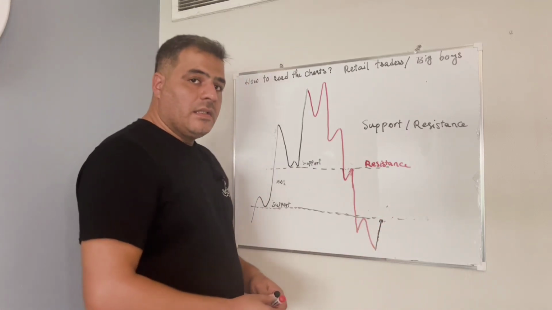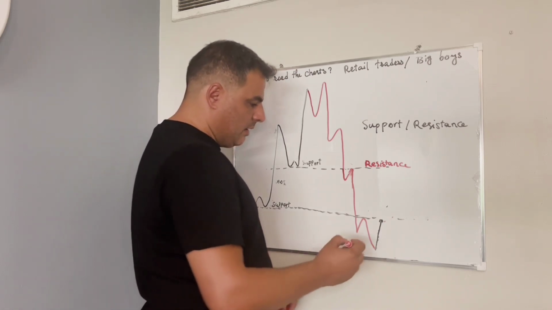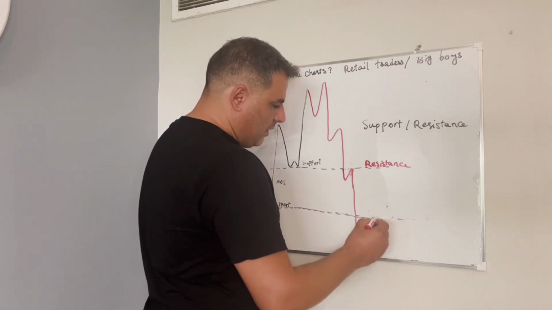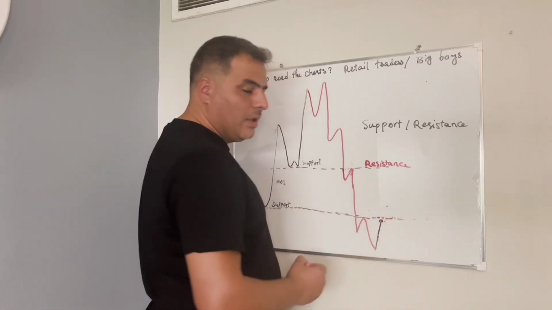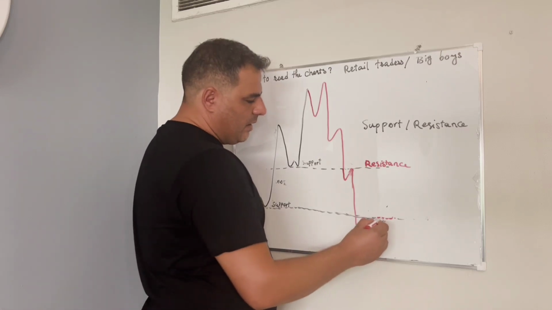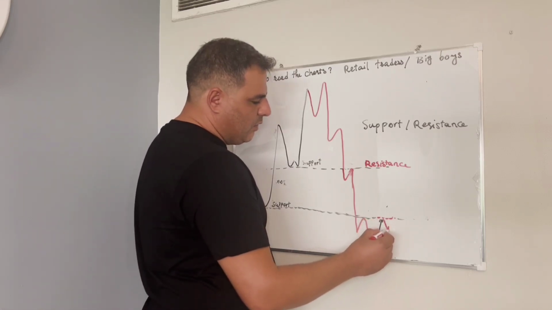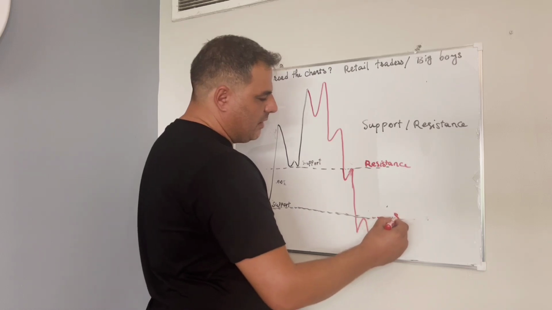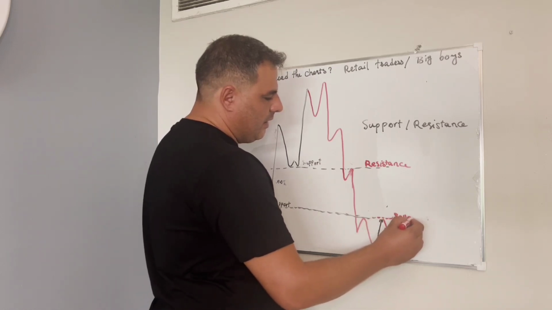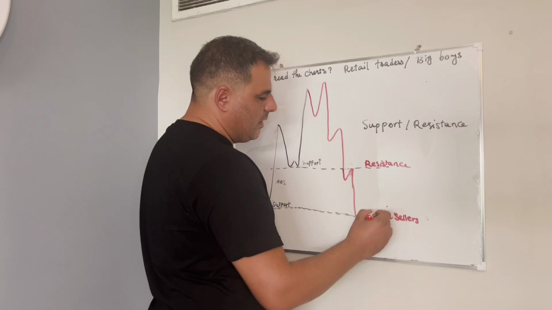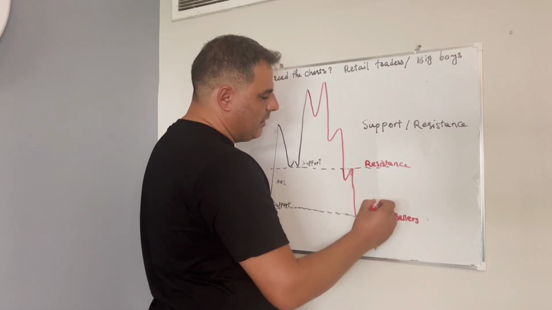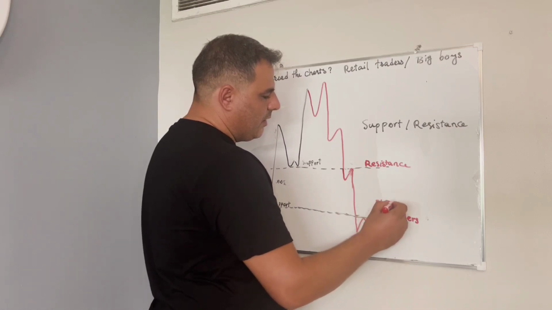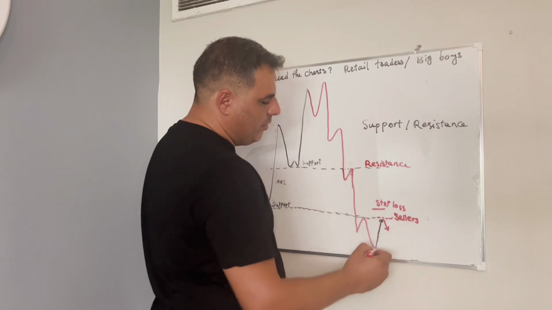The retail traders will wait for the prices to come to this so-called resistance, and then they see a slight movement down, so they become sellers in the market, and then they put stop loss here and they profit below here.